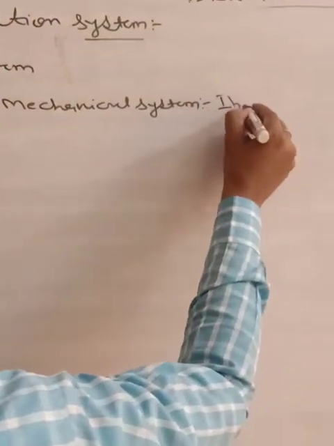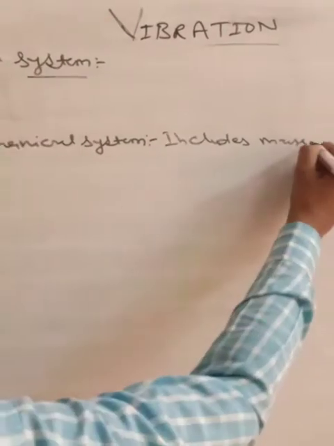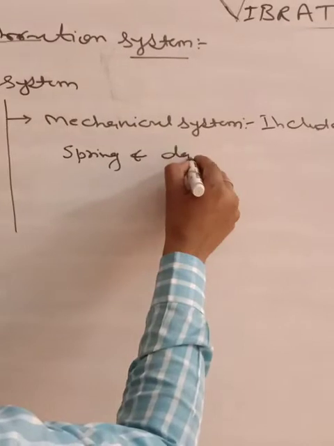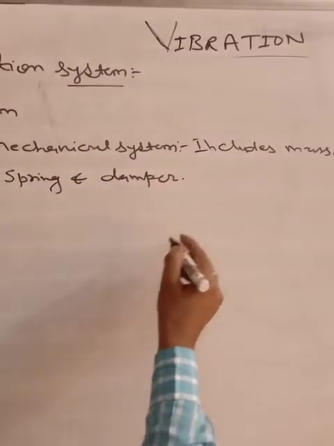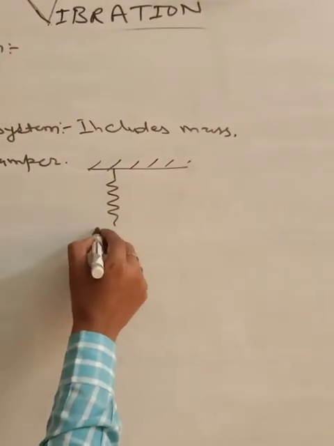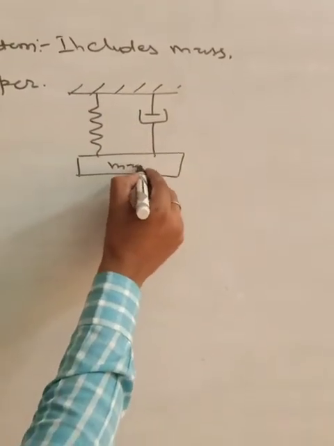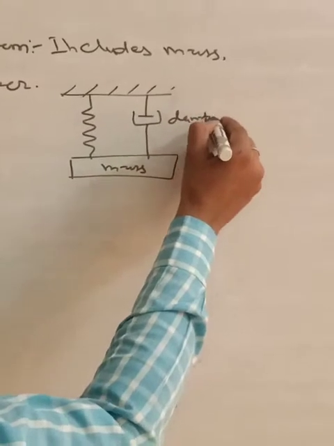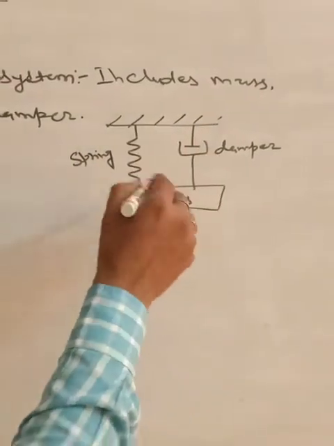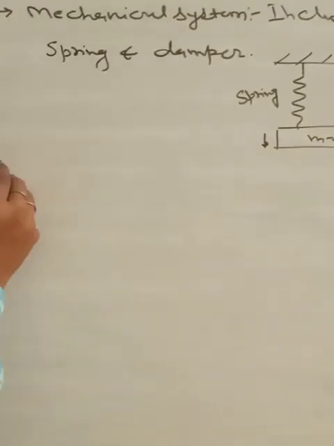A mechanical system includes mass, spring and damper. If we consider mass, damper, spring, then this system is known as a mechanical system.